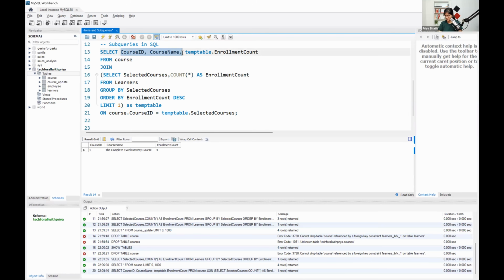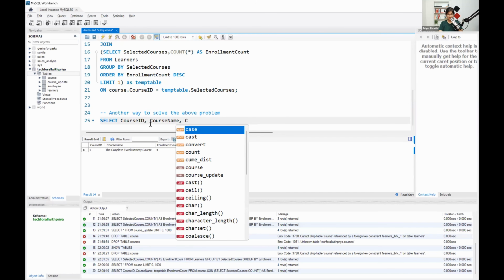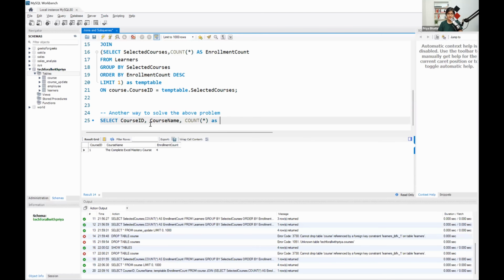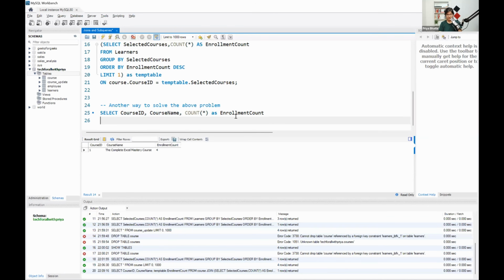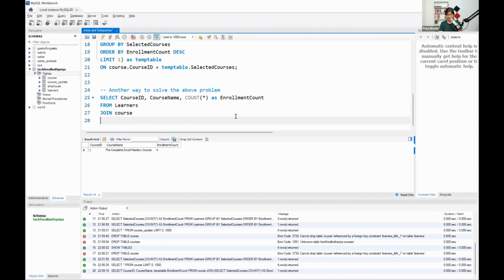So what she has done is select course ID, course name, then count star as enrollment count, from the learners table, join the course table on learners dot selected courses equal to course dot course ID.